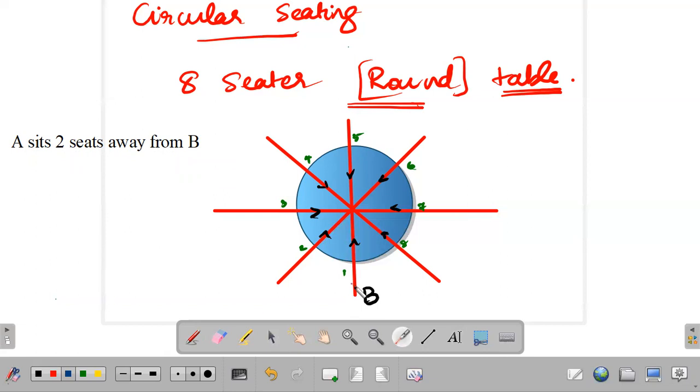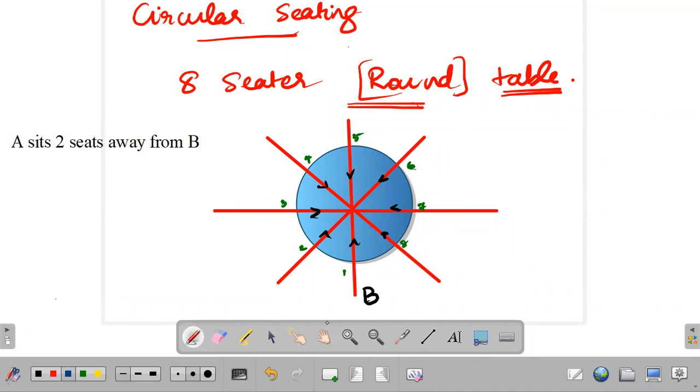When I say away, it may be to the left or it may be to the right. So it may be 0, 1, 2, 0, 1, 2. So I can say it is 3 or 7. Don't say 3 and 7. Wrong. It is 3 or 7. Like that it will come. Is it fine?